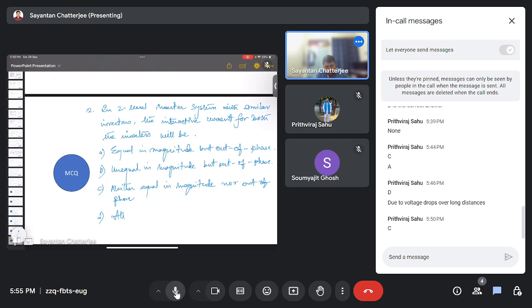In a two-level inverter system with similar inverters, the interactive current for both the inverters will be equal in magnitude but out of phase, unequal in magnitude but out of phase, neither equal in magnitude nor out of phase, all.